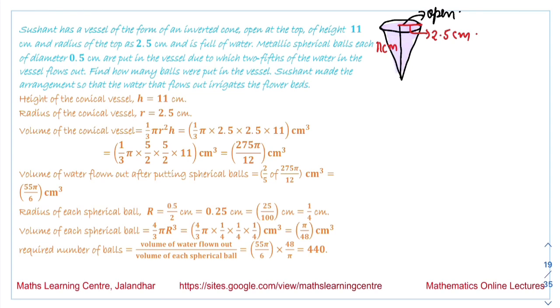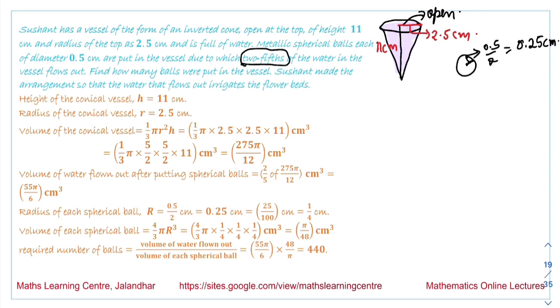Metallic spherical balls, each of diameter 0.5 centimeter. It means the radius of these balls is 0.5 by 2, that is equal to 0.25 centimeters. This is the radius of these balls. They are put into the vessel, due to which 2/5 of the water in the vessel flows out.